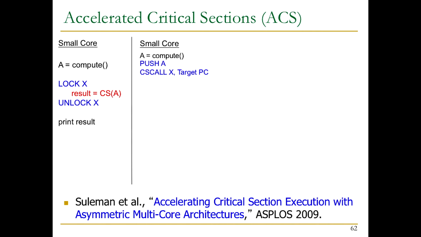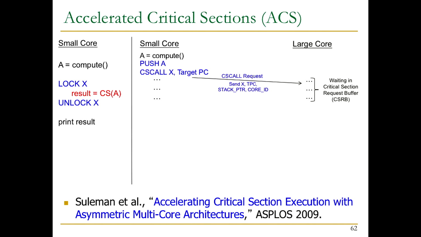You push it onto the stack, and then you have the special instruction critical section call with lock X at a target PC, the starting point of this critical section, and send it over the interconnect to the large core. It gets queued in the critical section request buffer. At some point, when the large core gets to executing it, it acquires the lock just for correctness. And there are reasons why you may want to do that, but I'm not going to go into that.